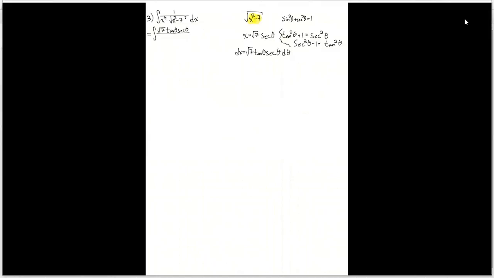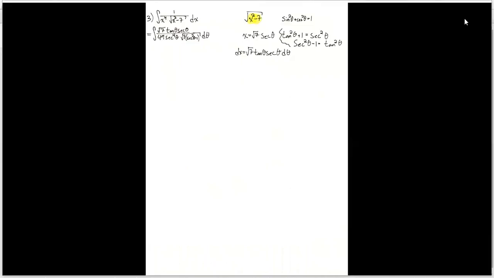So we're going to have this 49 secant to the 4th theta, and that's just our x to the 4th. This is all multiplied by the square root of, now I'm going to pull out our 7 here, and then secant squared theta minus 1. Complete the square root. And of course, don't forget our d theta.